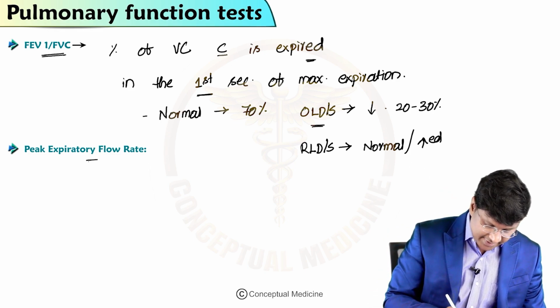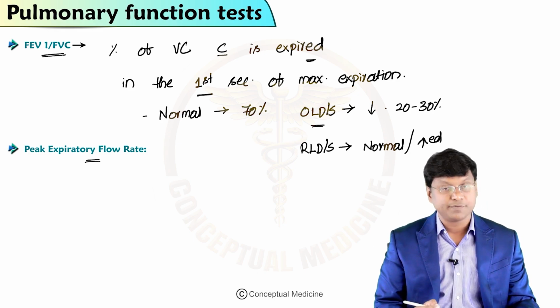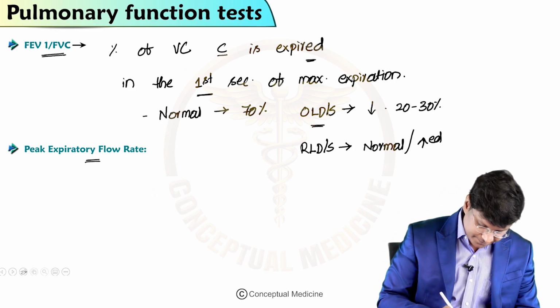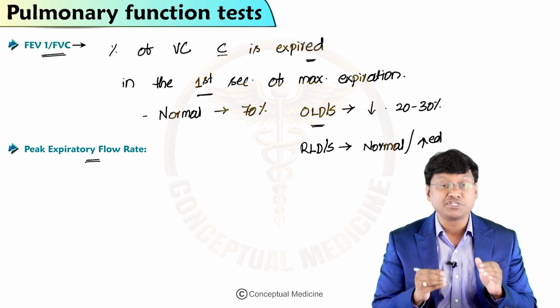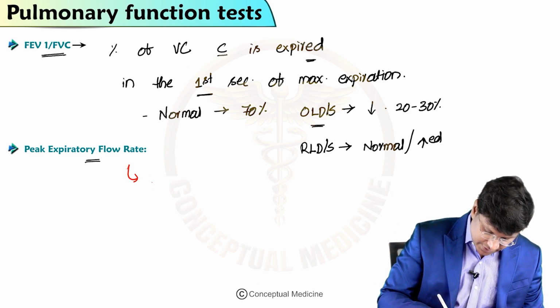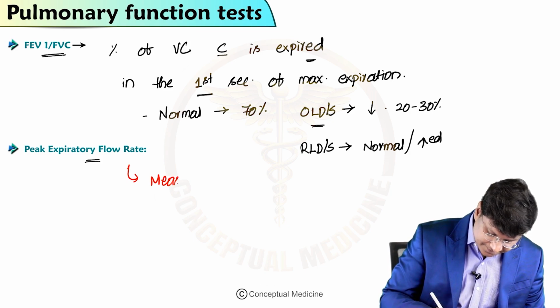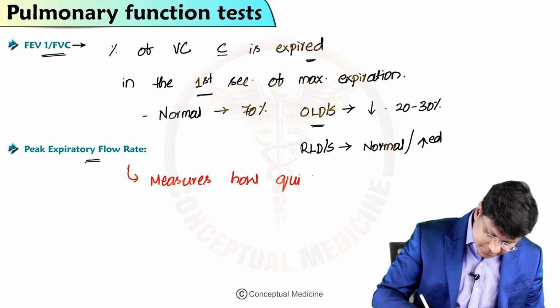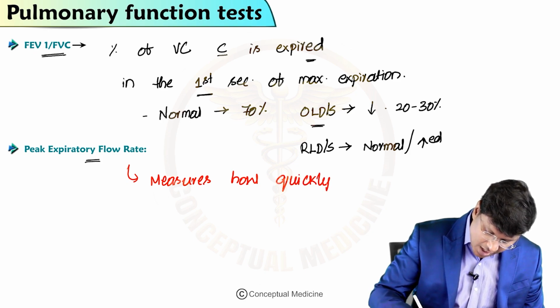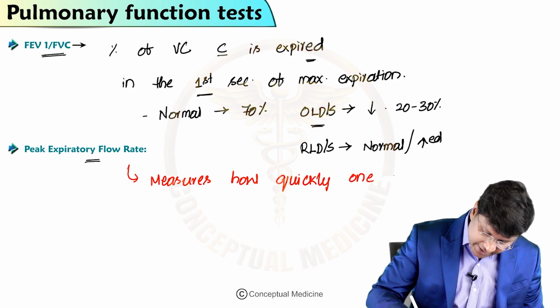Then another important parameter that you need to know is your peak expiratory flow rate. This peak expiratory flow rate measures how quickly one can exhale.